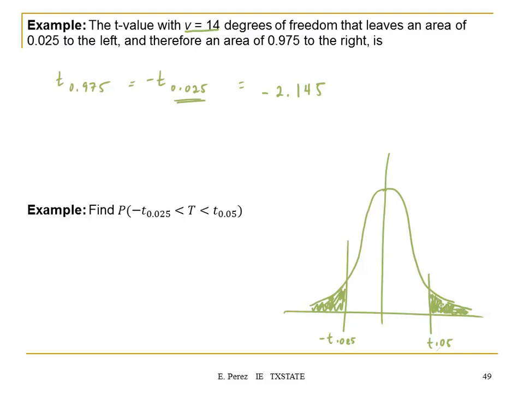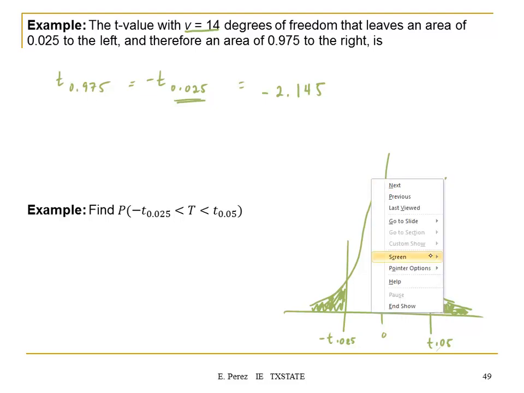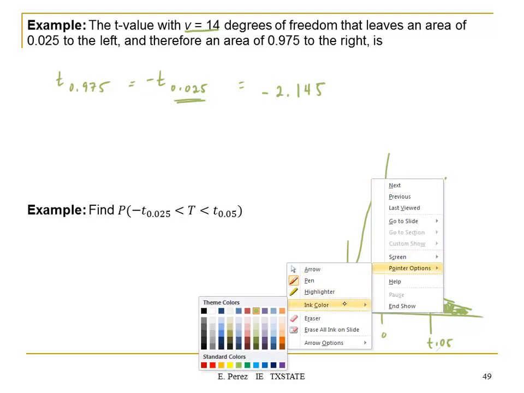The question is, what is this probability? That probability is this area here in white.